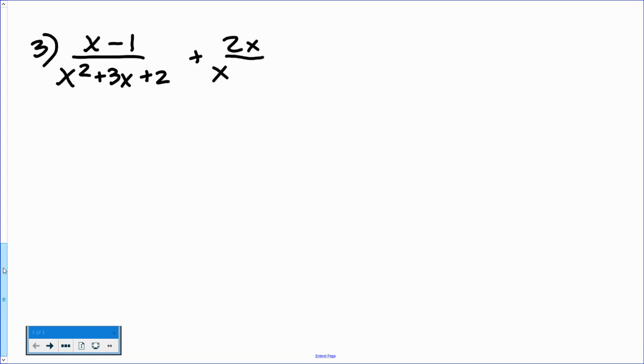Let's try another one. So I have (x - 1)/(x² + 3x + 2) + 2x/(x + 2) equals (x - 1)/(x + 1).